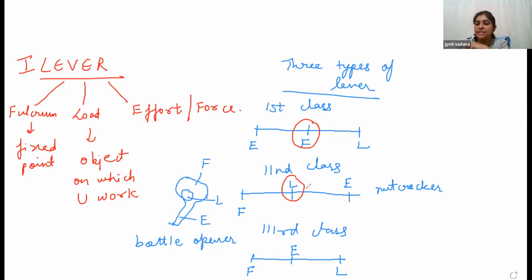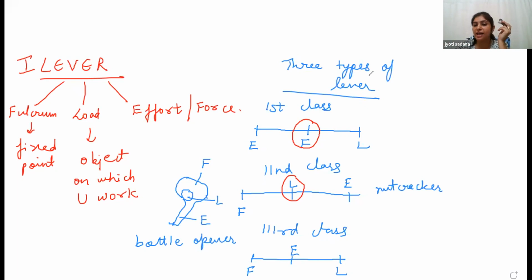Simple machines consist of 2-3 parts only, whereas complex machines consist of 2-3 simple machines combined together. So here we are dealing with the simple machines, and we have taken the first simple machine, that is the lever, which consists of 3 parts: fulcrum, load, and effort. Fulcrum is the fixed point, load is the thing on which you want to do the work, and effort or force is the force which you apply for the work to be done.